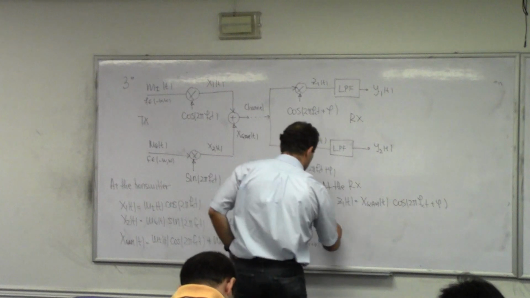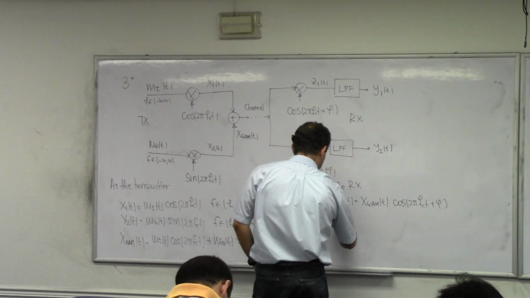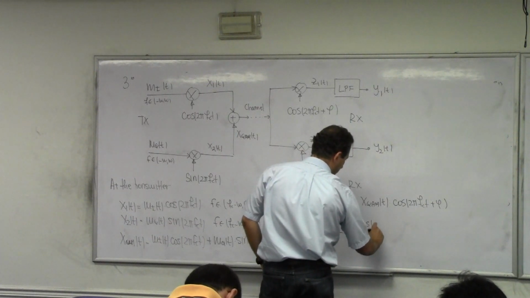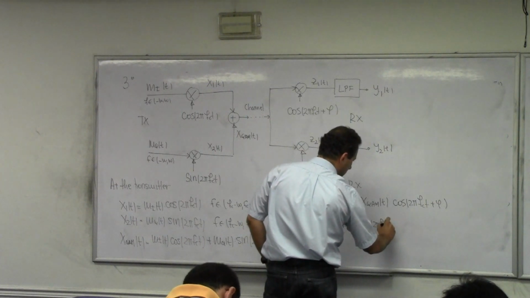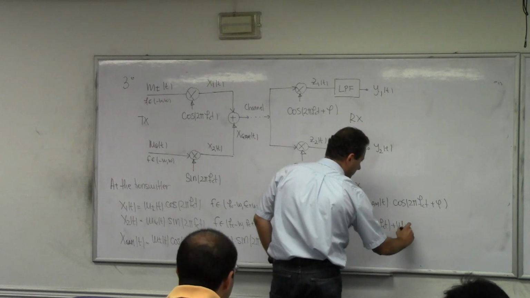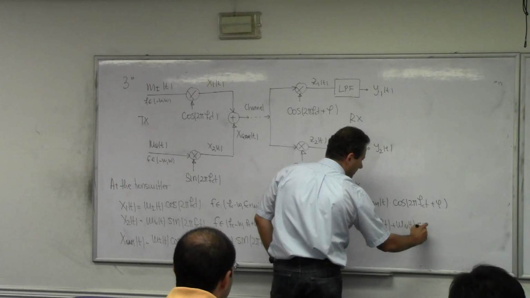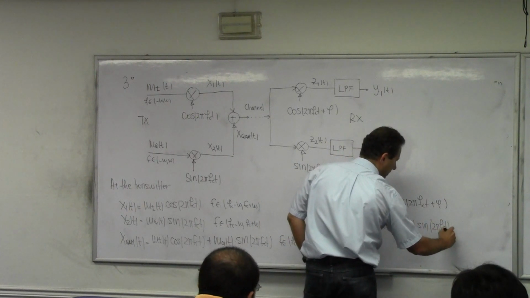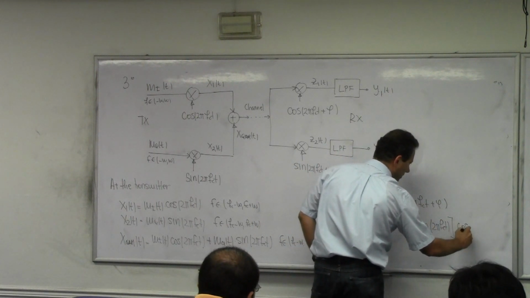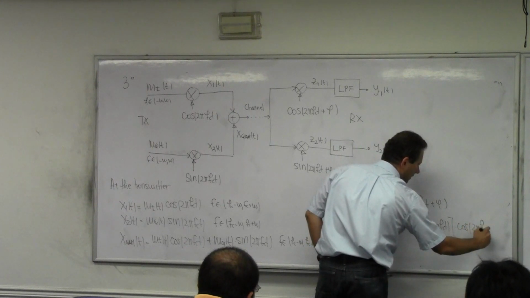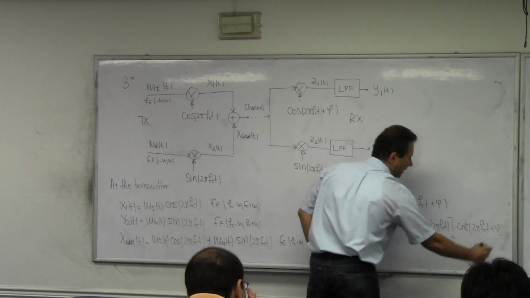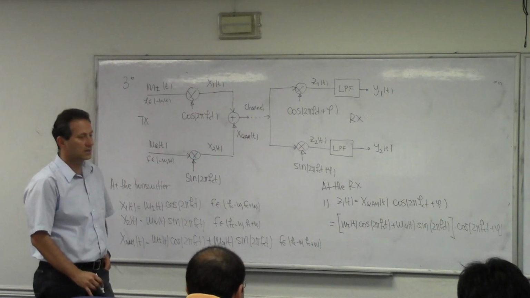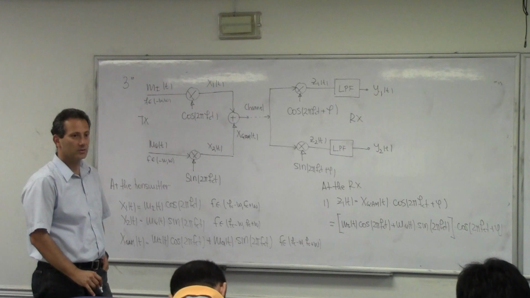Now, if I substitute, you obtain something like this: mi of t times cosine 2 pi fct plus nq of t times sine of 2 pi fct, and then times cosine 2 pi fct plus phi. Okay, nothing really smart. All I did is just substitute what these values are.